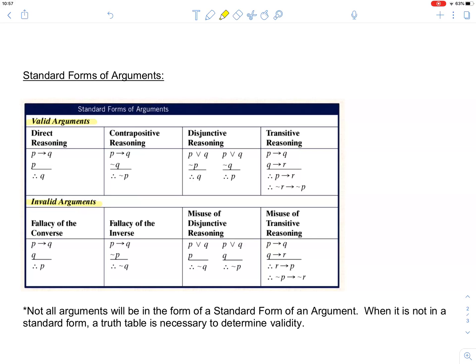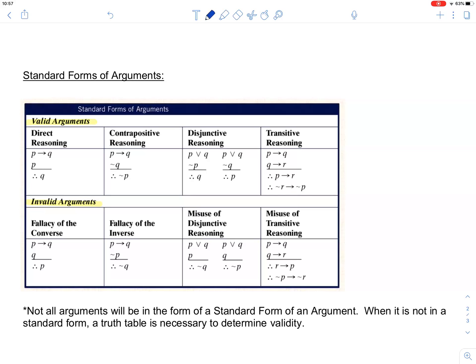Under the valid arguments, we have direct reasoning, contrapositive reasoning, which has to do with the contrapositive that was discussed, disjunctive reasoning, and transitive reasoning. In the invalid arguments, we have fallacy of the converse and fallacy of the inverse. Those have to do with the fact that the converse and the inverse are not equivalent to the conditional. Then we have misuse of disjunctive reasoning and misuse of transitive reasoning.